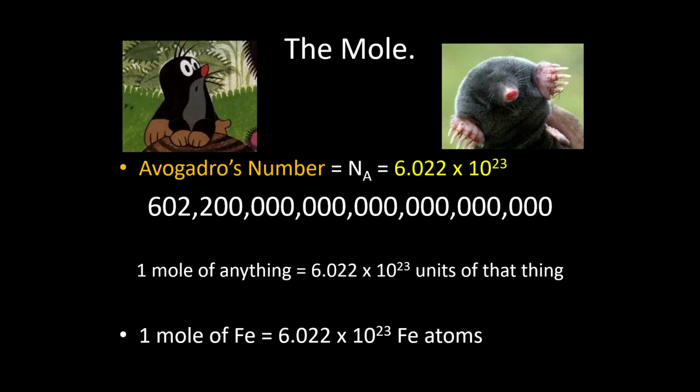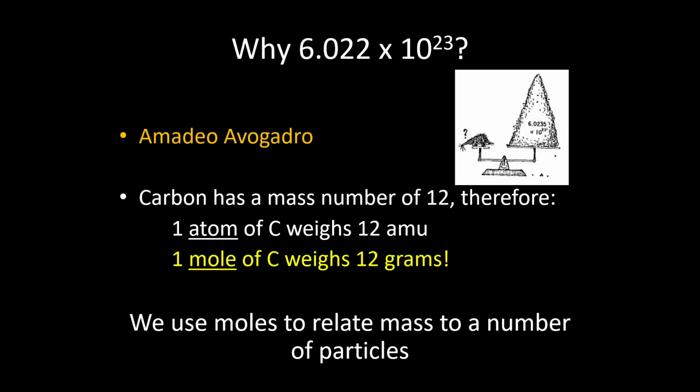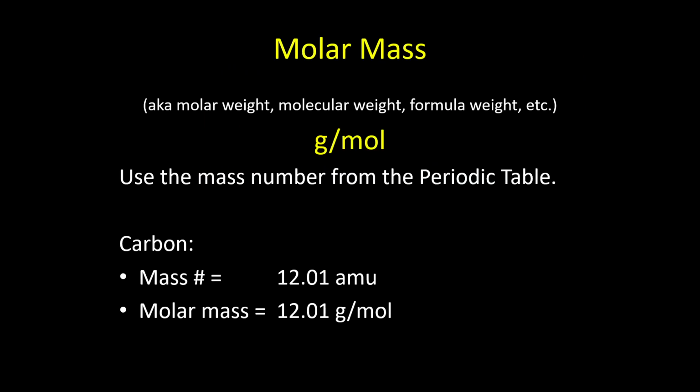So I do expect you to be able to use Avogadro's number to convert between a number of moles and a number of things. That is something that will be on the exam. I also expect you to be able to convert from a number of grams to a number of moles using the molar mass from the periodic table. That will also be on the exam.